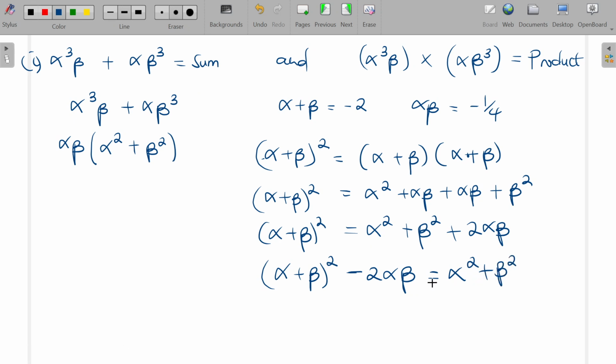When you have this, you have solved the inside. You've solved alpha squared plus beta squared, because alpha squared plus beta squared is just equals to alpha plus beta, which is squared, minus 2 alpha beta, meaning that where there is this component, you're going to replace it with this, because this you can calculate, okay?